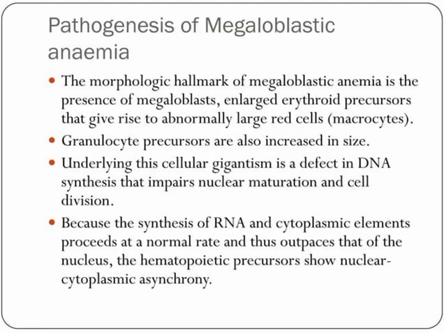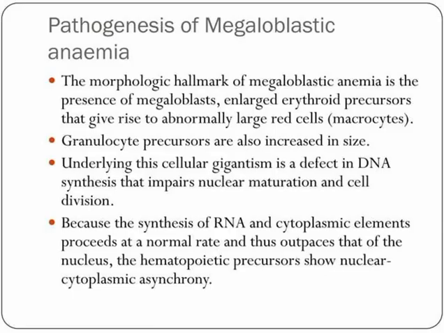Next will be the pathogenesis of megaloblastic anemia. The pathogenesis of megaloblastic anemia can be understood easily by its morphological hallmark, the presence of megaloblasts, enlarged erythroid precursors that give rise to abnormally large red cells. This is the main occurrence in the pathogenesis of megaloblastic anemias.